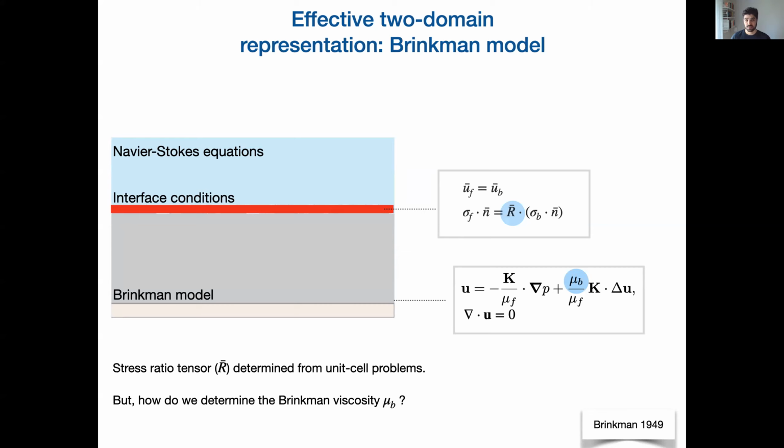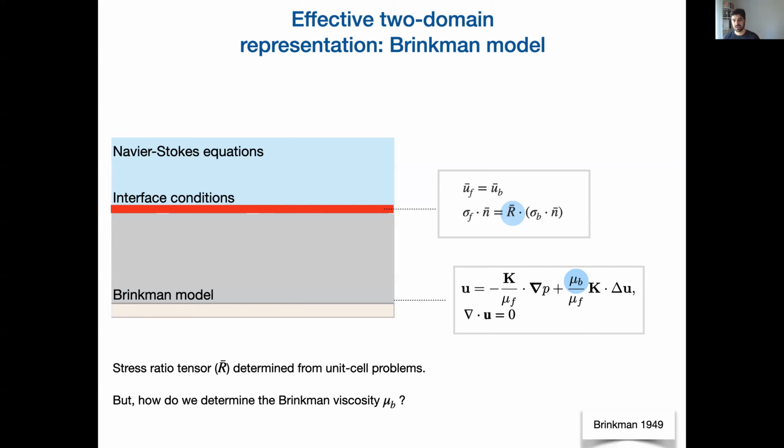Now again, you need to have some boundary conditions to couple the Brinkman model to Navier-Stokes, and usually velocity continuity is used here. So UF equals UB, where UF is the velocity of the free flow and UB is the pore velocity. And then you also have another condition, which is the stress jump. So sigma F is the stress of the free flow, and sigma B is the stress of the Brinkman model.